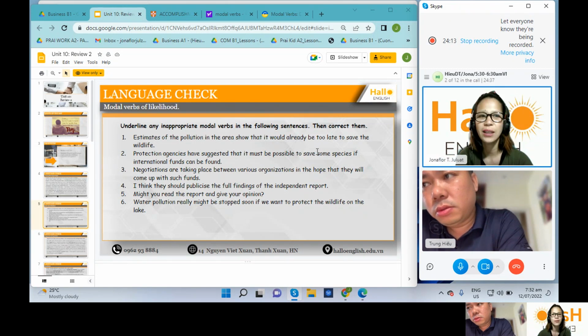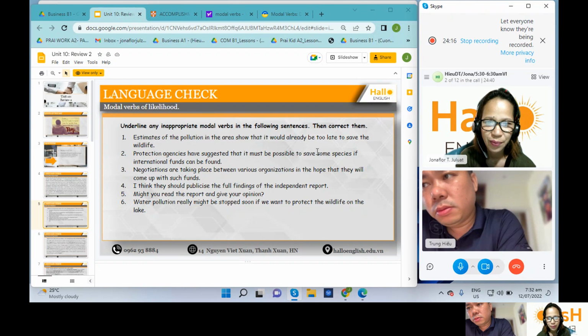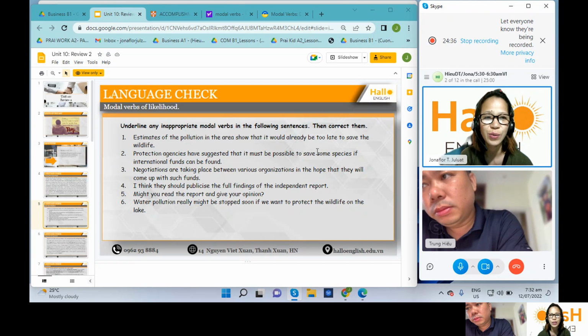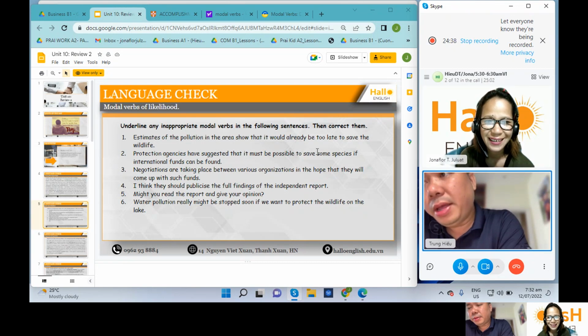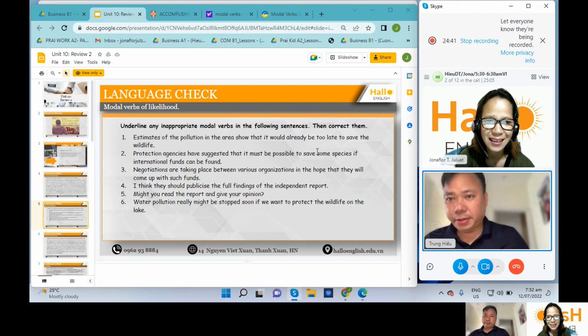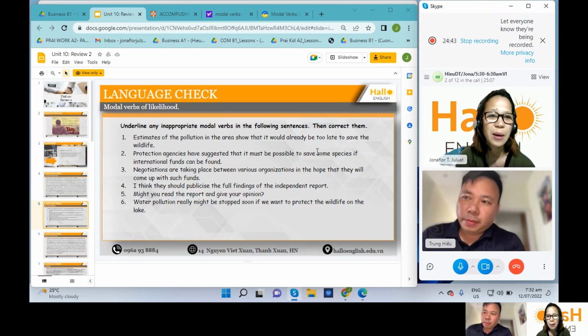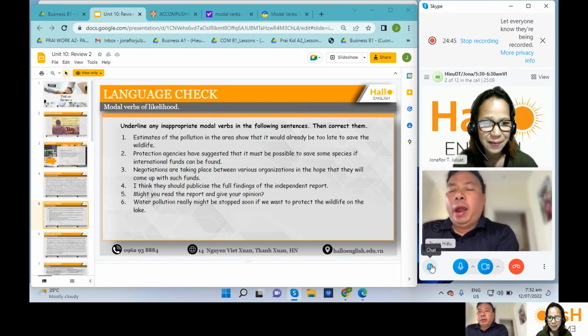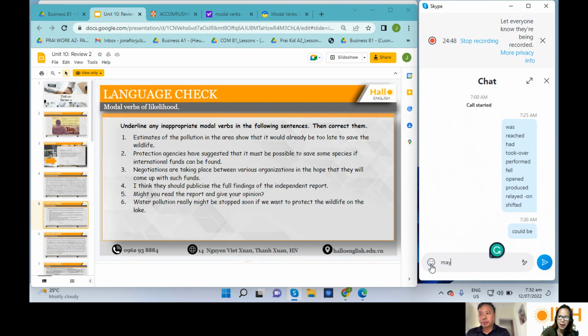So what will be the modal verb you will use? They could come up with such funds. Or they may, because you are hoping. So you will use may, right? Yes. They may come up with such funds.